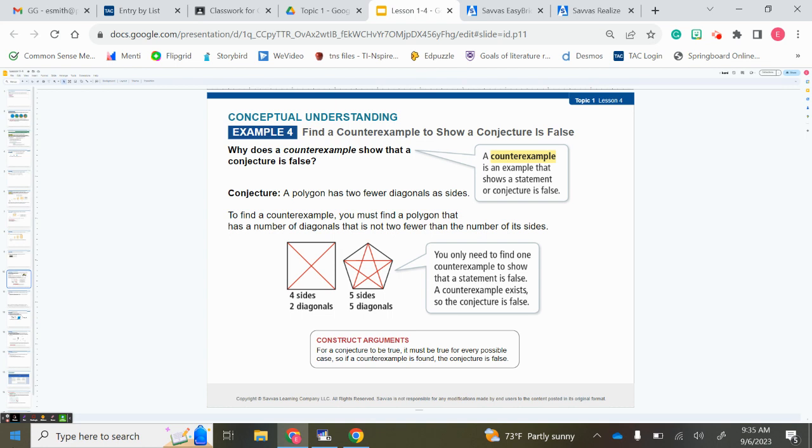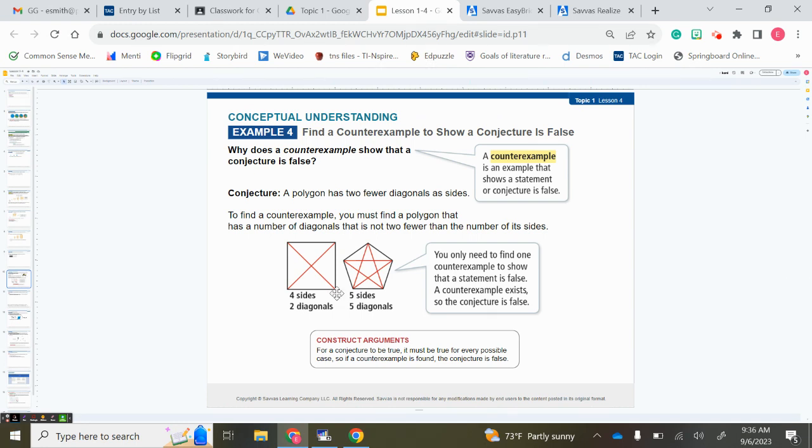But we can prove conjectures false. And we do that by using something called a counterexample. All right? Now the definition's right there. It says a counterexample is an example that shows a statement or a conjecture to be false. It just proves it false completely. So the conjecture they're giving me is a polygon has 2 fewer diagonals than sides.